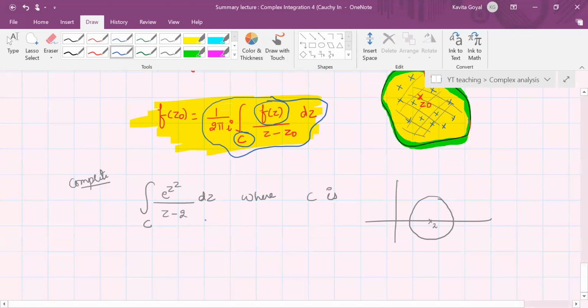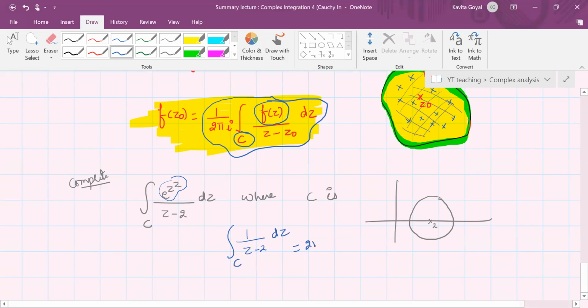If we try to apply our previous technique, it is a little difficult, because you don't have only z minus 2 dz.